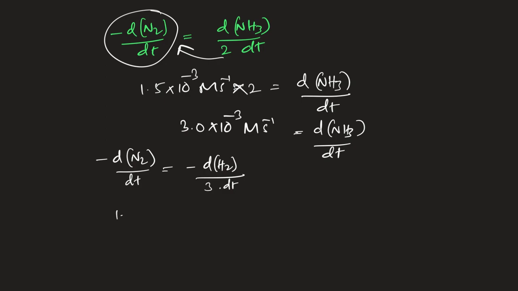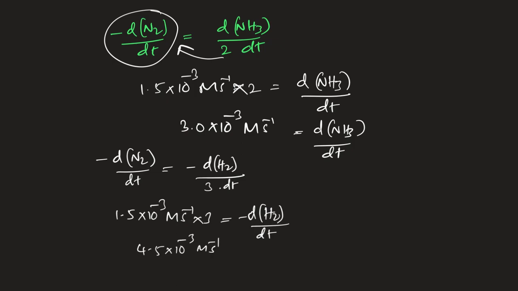Then this value we know, 1.5 into 10 power minus 3 molarity second inverse, then these 3 multiply here, then dH2 concentration by dt is 4.5 into 10 power minus 3 molarity second inverse, equal to minus dH2 concentration by dt.